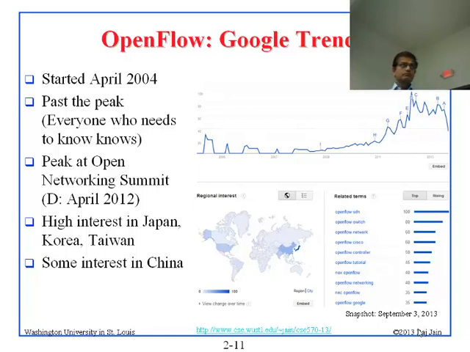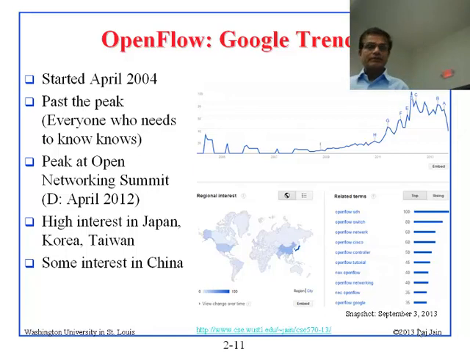OpenFlow. So OpenFlow is another hot topic which is part of SDN. We will talk about that when we go to the SDN lecture. That started much earlier. Okay. That started around 2004, and maybe it looks like 2004 is the time when Google started keeping statistics, so nothing starts before that. But it's still going up and then came down recently.